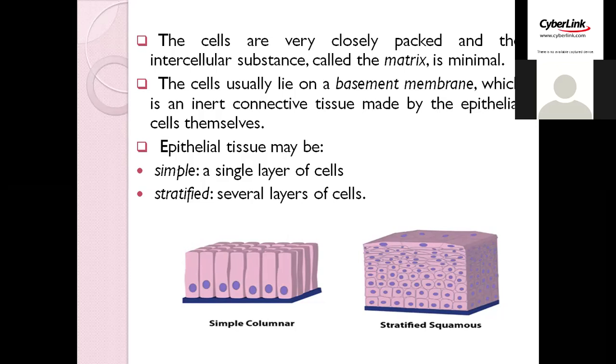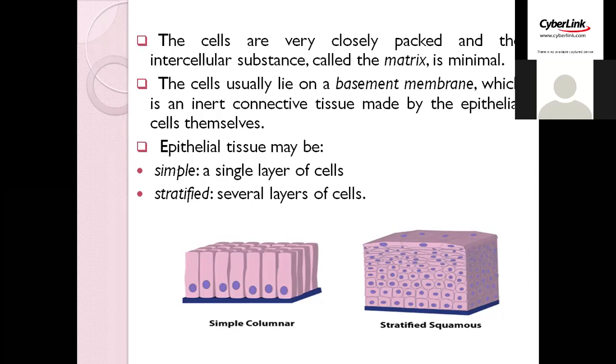The epithelial tissue is divided again into simple and stratified. The main difference is that simple has only a single layer of cells. From the first diagram, that is a simple columnar, where the cells have a rectangular shape, and the nucleus is in the middle. Stratified means it has different types of cells.